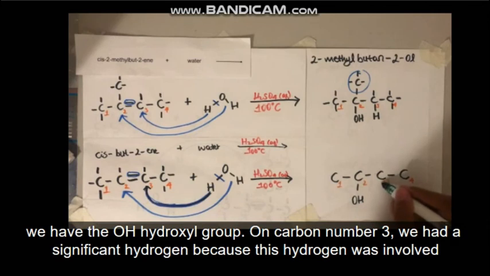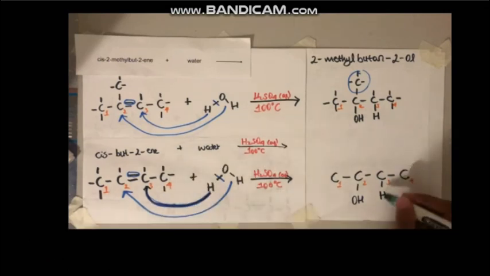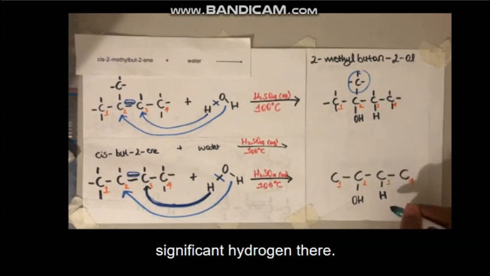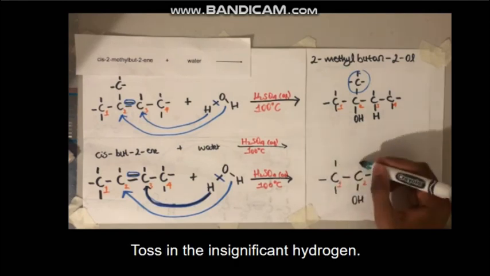On carbon number 3, we have a significant hydrogen because this hydrogen was involved in the reaction. So we're going to have to write the H there because it has become a significant hydrogen. Toss in the insignificant hydrogens.